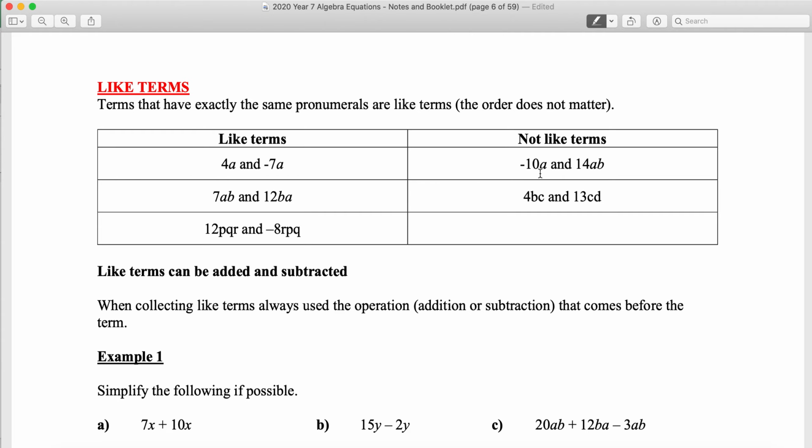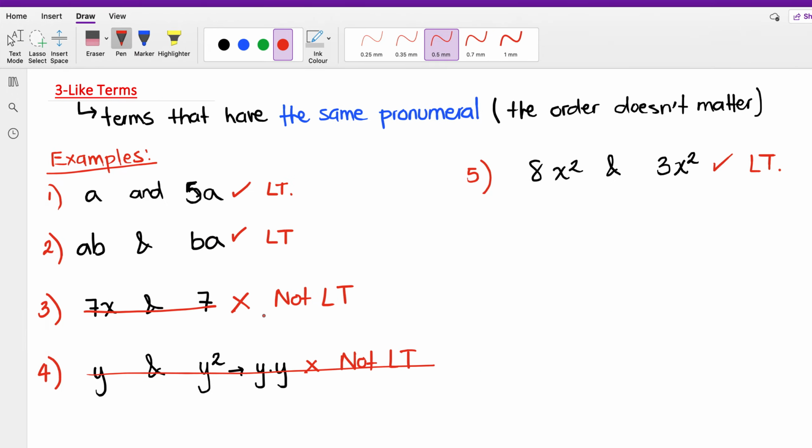I have negative 10a and 14ab because the second term has a b and this one doesn't have a b, okay? And here 4bc and 13cd. So they have in common c, but this one has a b and this one has a d, therefore they're not like terms, okay?